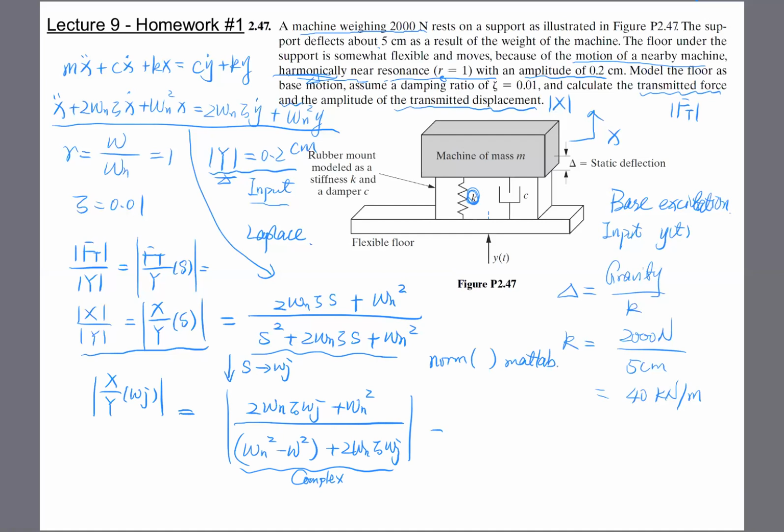If you don't know how to do it, if you recall the norm definition we have, it's just the square root of the real part squared plus the imaginary part squared. Sorry, let me see.